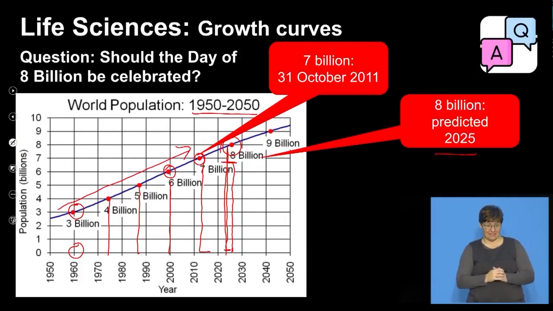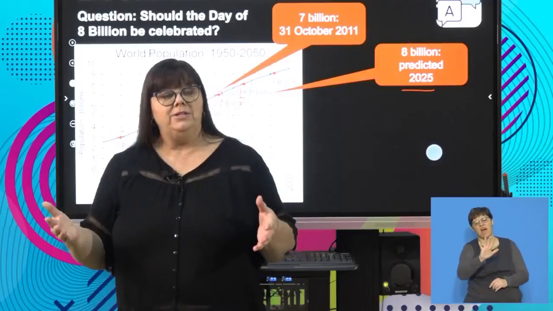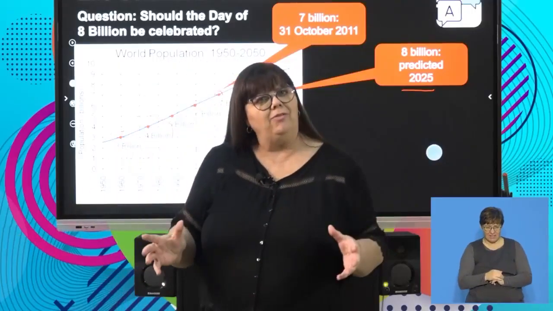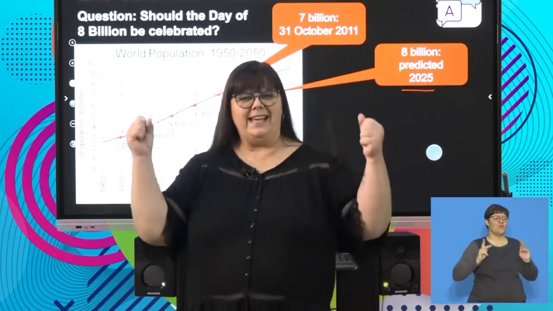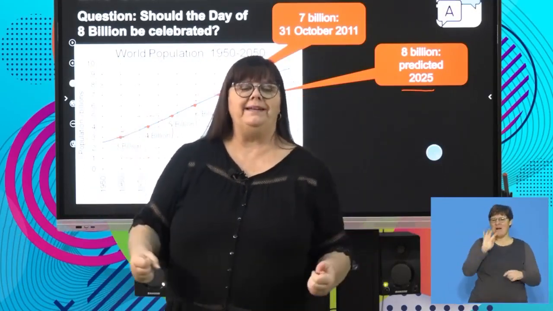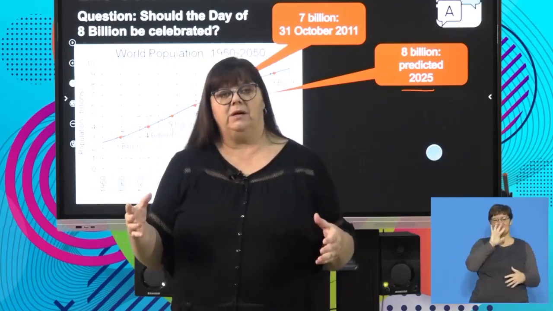Now, in the past, in the years around 3 and 4 billion, even up to 5 billion, do you know what happened around those times? Humans celebrated and said, yes, we've hit the 4 billion mark, we've hit the 5 billion mark.